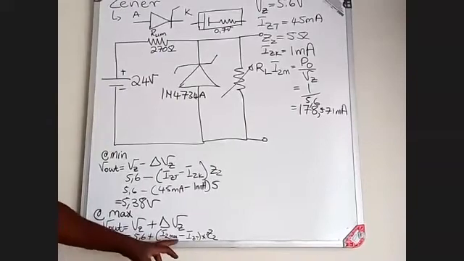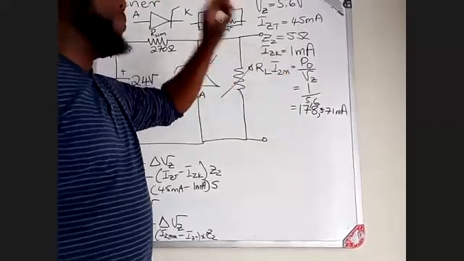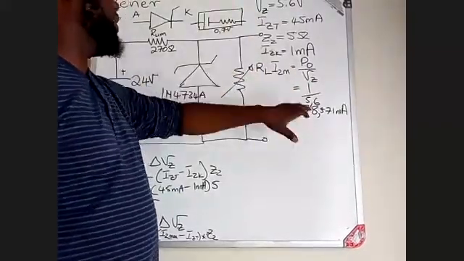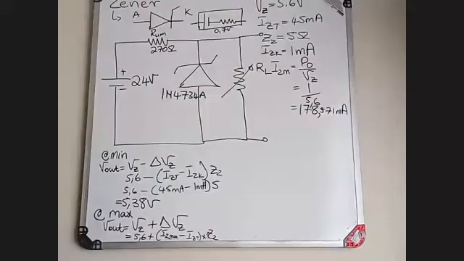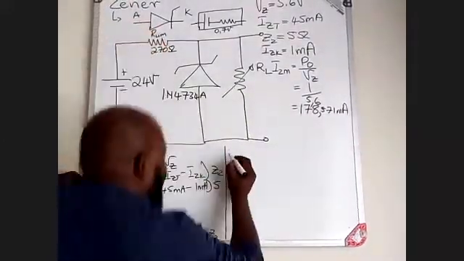What is your IZ max? Your maximum Zener current is 178.571 milliamps. Continue this.